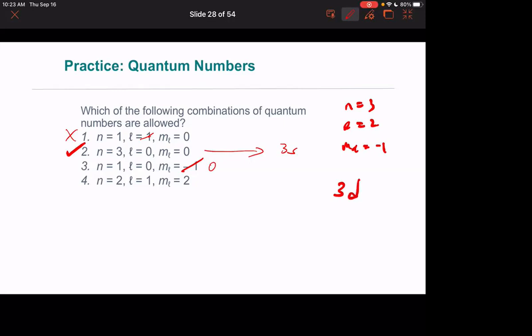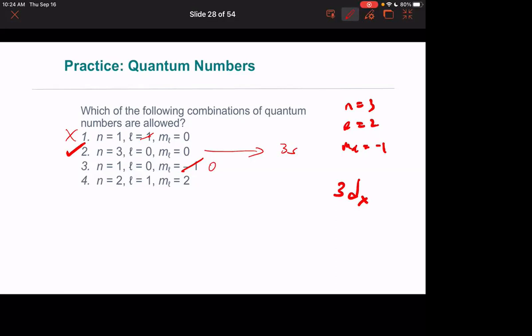Sometimes you'll see 3dx, 3dy, but you don't have to do this. You'll see that in the book: 2px, 2py, 2pz. So you don't have to worry about that. It's just a 3d orbital. The ML, for our cases, is not going to be designated.